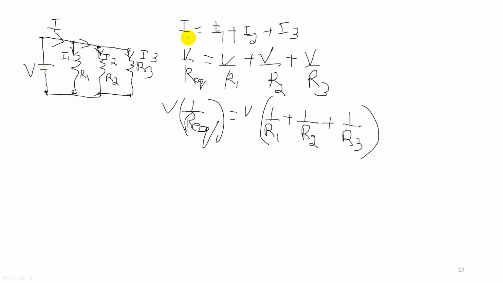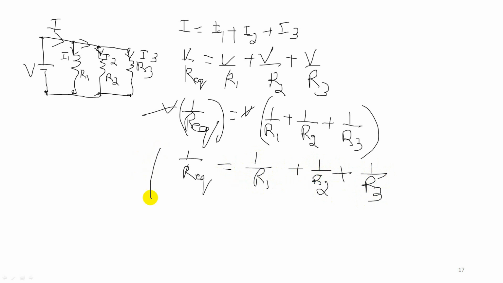Here also the voltage on either side gets cancelled. So V gets cancelled, and we get 1 by R equivalent equal to 1 by R1 plus 1 by R2 plus 1 by R3.